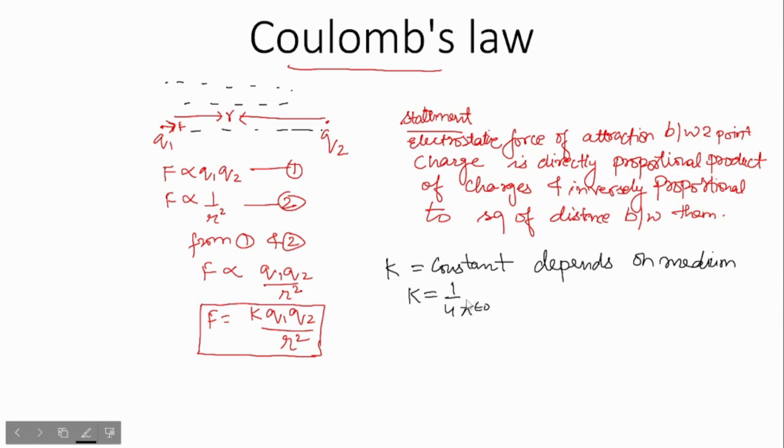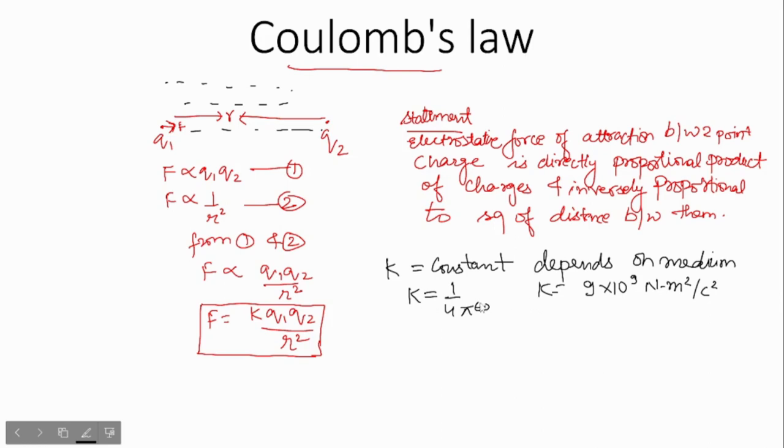And the value of k is 9 into 10 to the power 9. The unit will be Newton meter square per Coulomb square.